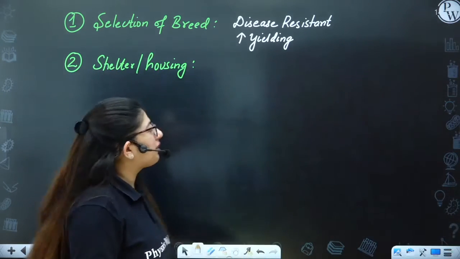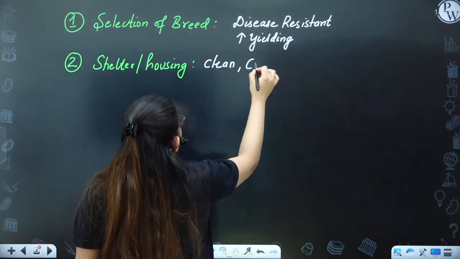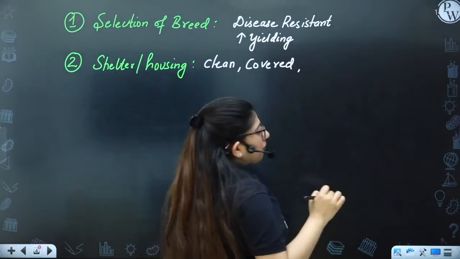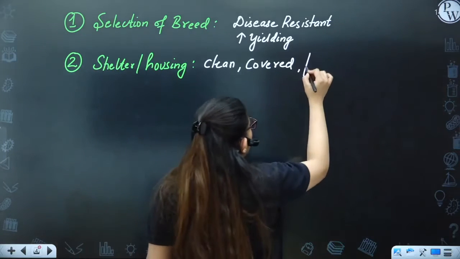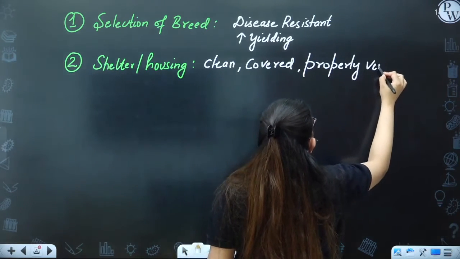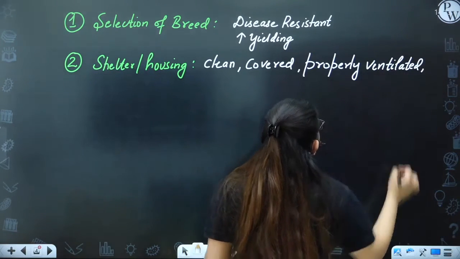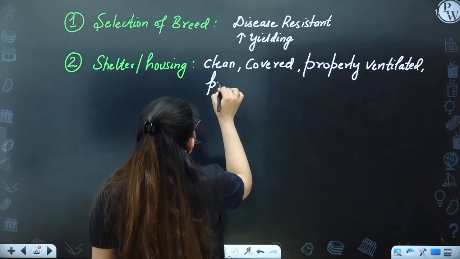So their housing, their shelter should be clean, properly covered, and properly ventilated, with proper sunlight.